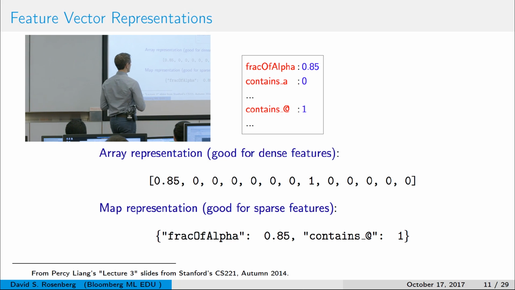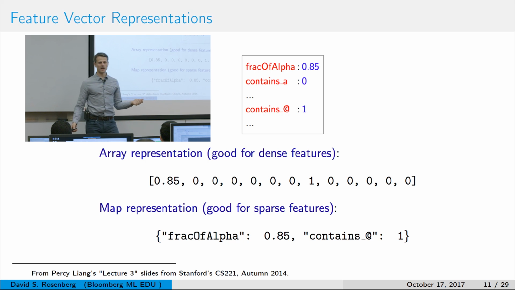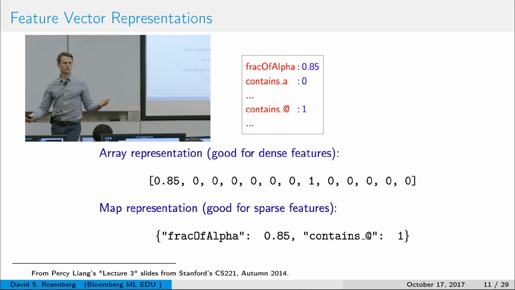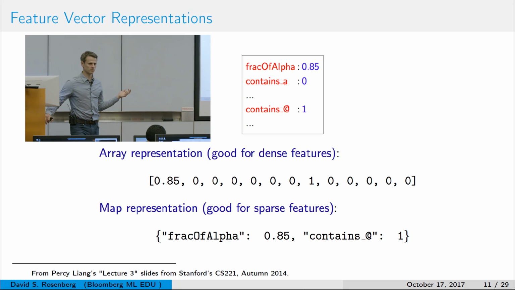So if you have a one-hot encoding over a category with 100,000 possible category values, it will always have exactly one 1 and the rest 0.